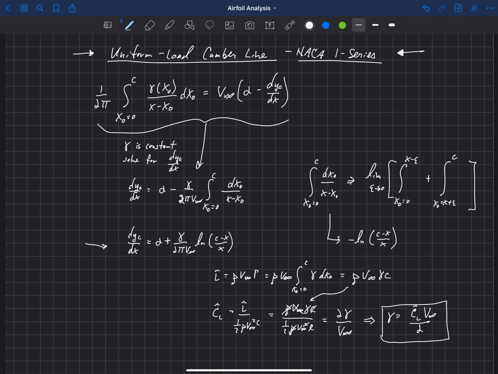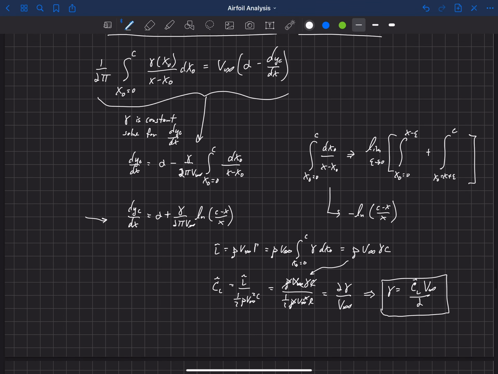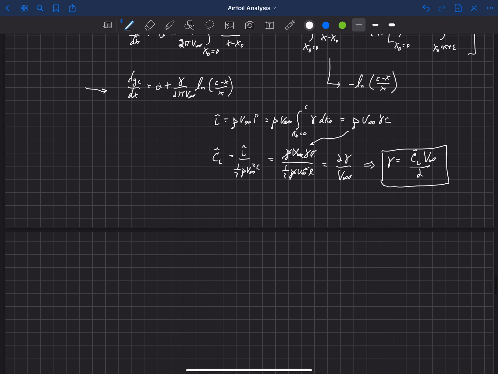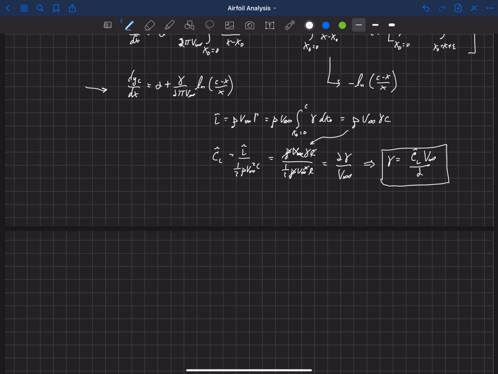So let's plug that in. Now dyc dx is alpha plus, instead of gamma, my lift coefficient, CL tilde.